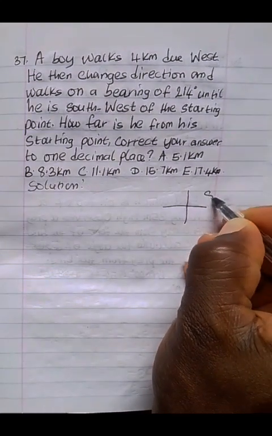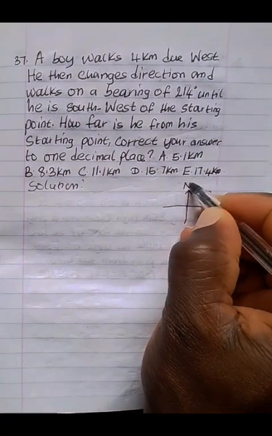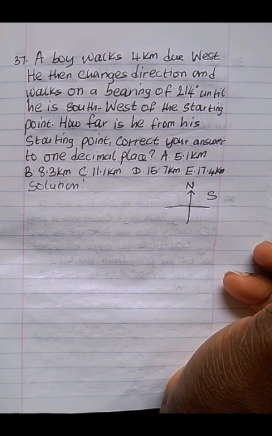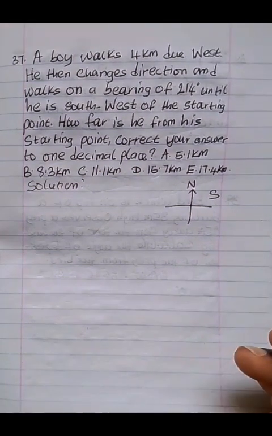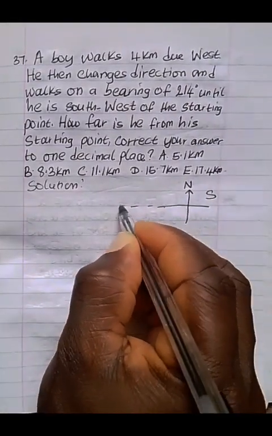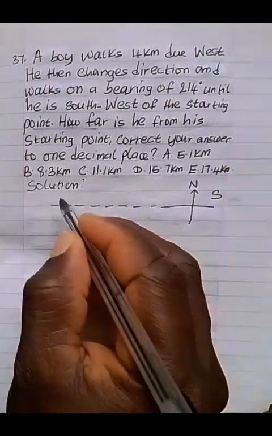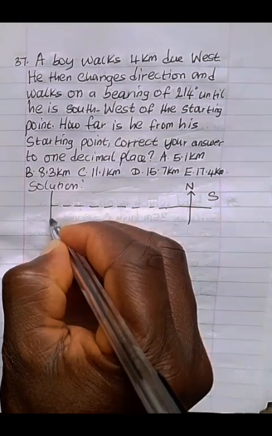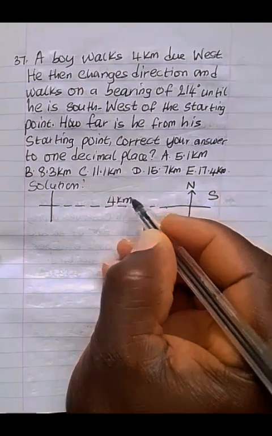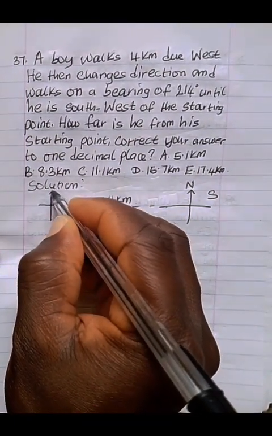So this is the starting point. You have the north direction. He walks towards the west 4 kilometers. So the movement is towards this direction. Let's assume the boy is somewhere here, 4 kilometers. This is the north direction.